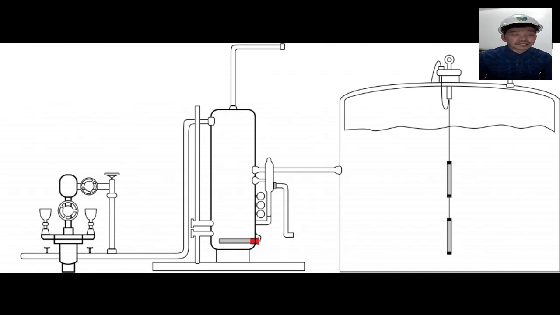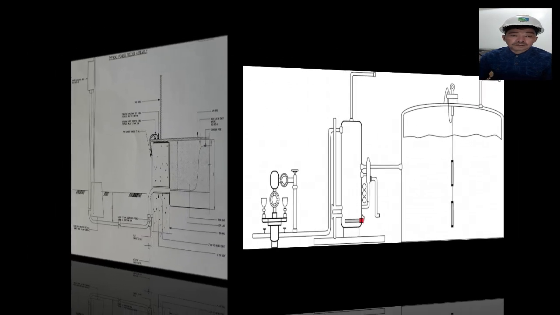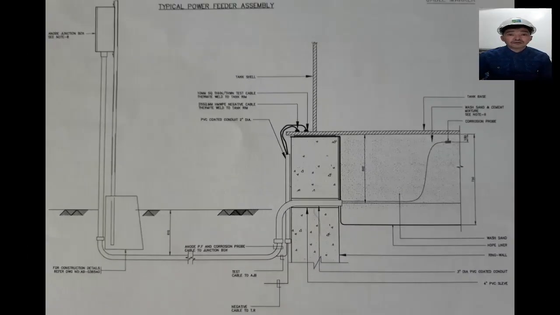All CP installation shall be according to the approved project drawing. So that means you cannot do anything during the installation without pre-approval. It should be reflected in the approved drawings. Normally it is IFC drawings.